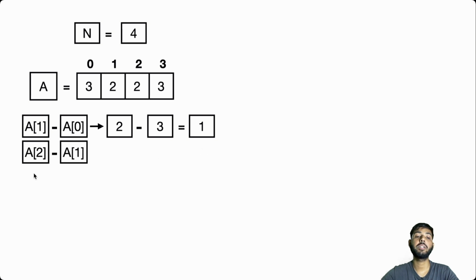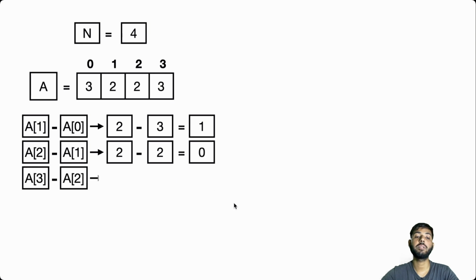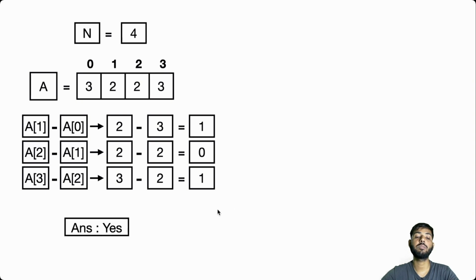Then index element 2 minus index element 1, we get 2 minus 2, that equals 0. Then index element 3 minus index element 2, we get 3 minus 2, that equals 1. So clearly it satisfies the constraint which our question needs. So here it is possible, we'll get the required array.